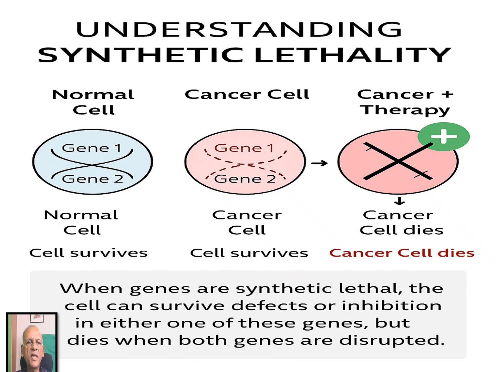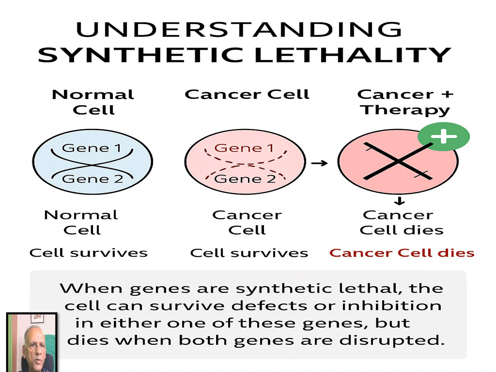Let us say a cancer cell has a mutation in gene 1, still the cancer cell will survive. Let us say a cancer cell has a mutation only in gene 2, then also the cancer cell will survive. If these two genes happen to be synthetic lethal genes, then if both the genes are knocked down by some mechanism or by mutation, the cell will die.